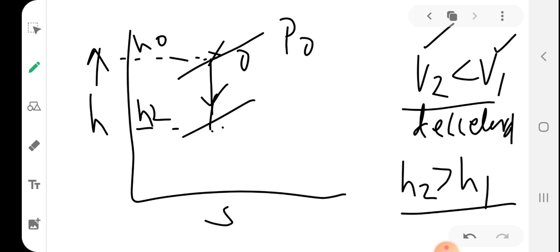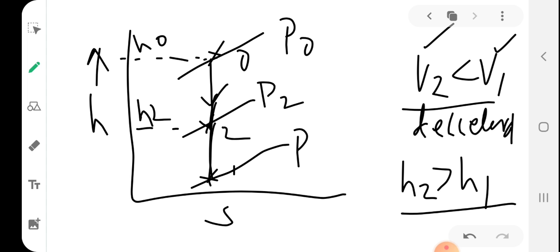H2 will be closer to H0. So this is P2 and this will be 2, and this will be 1, P1, H1. So if P2 is at a higher value than P1, this kind of flow is nothing but compression flow.